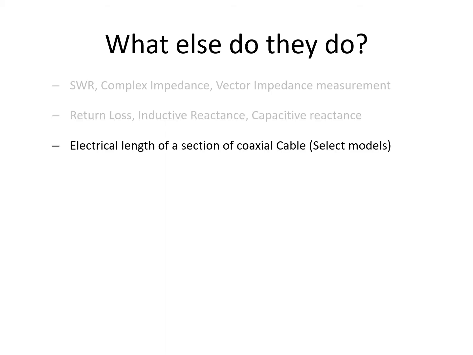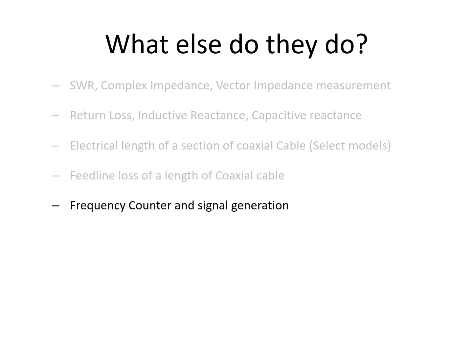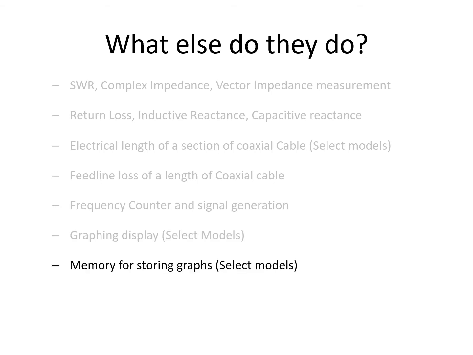You can determine the electrical length of a section of coax cable, depending on the model of analyzer. You can determine the feed line loss of the length of coax cable. Some of them can be frequency counters to measure frequency and generate signals that you may want to use for testing. A lot of them have the ability to graph the results with all the new digital stuff.